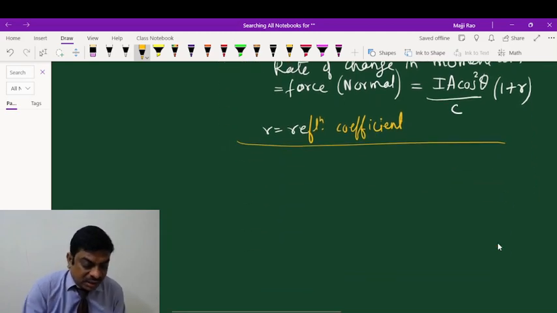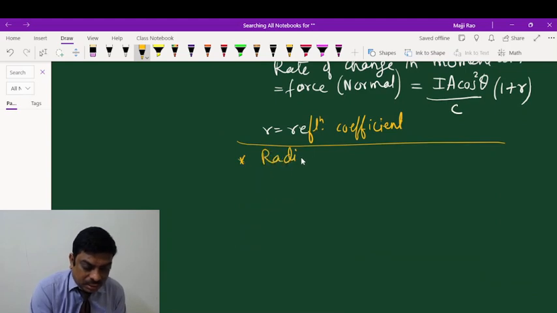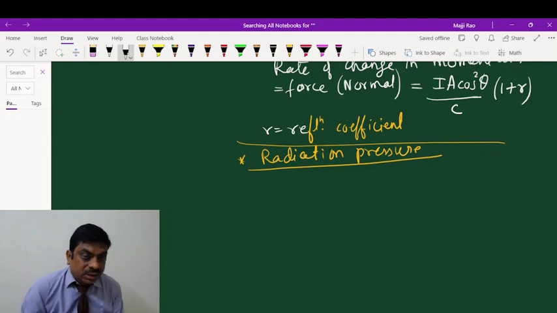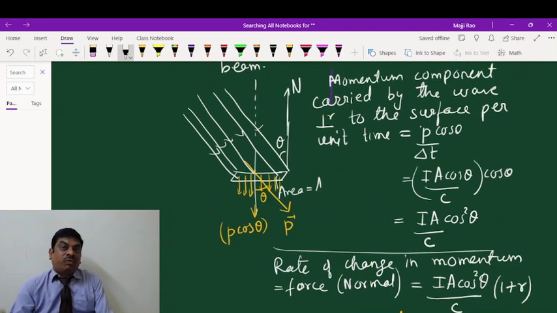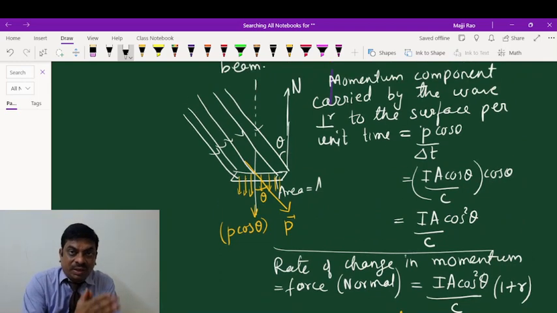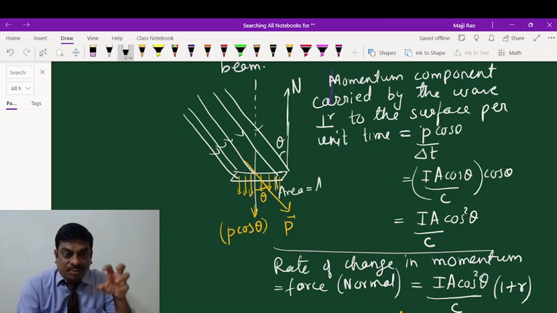Next, let us discuss radiation pressure. It is the pressure arising as a result of the thrust due to the impact of the photons on the surface. As we know, when light is incident on a surface, photons strike the surface.